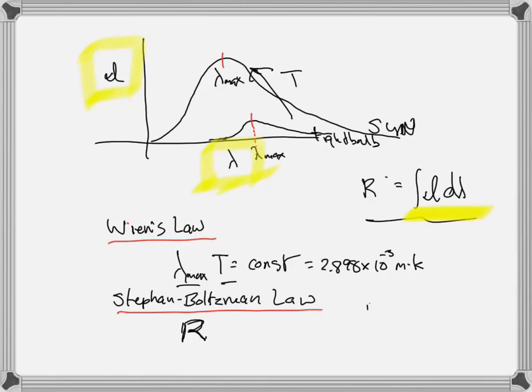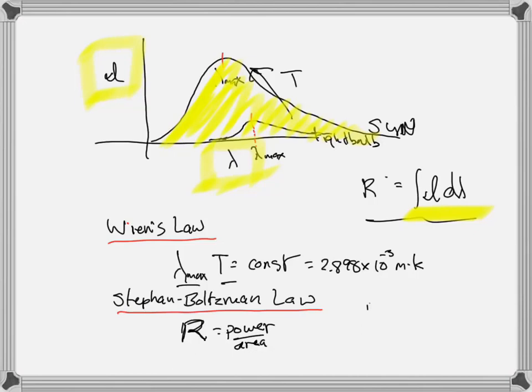So R is power per unit area, the total power per unit area of the body, right? So again, if the big curve is the sun, the small curve is the light bulb, the total power per unit area emitted by the body is the area under the I versus lambda curve. That's R, the total power per unit area emitted.